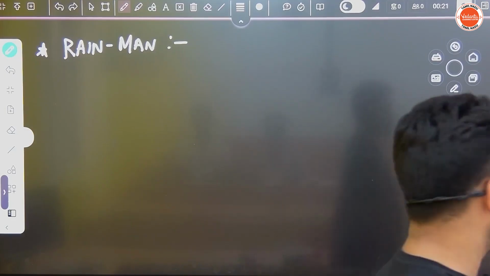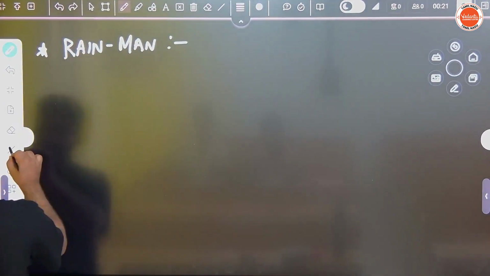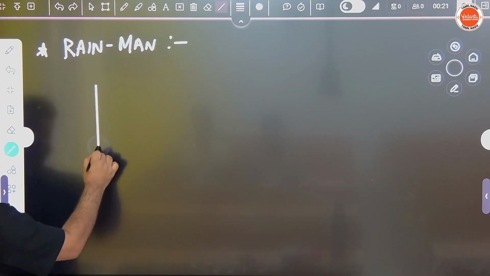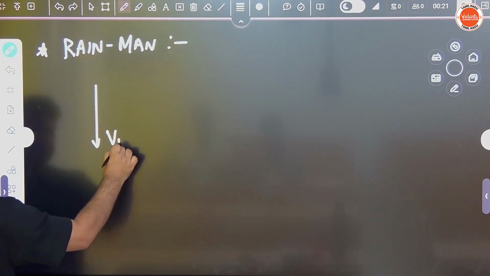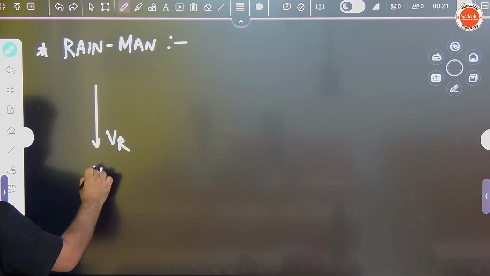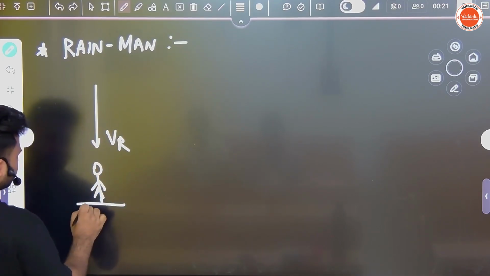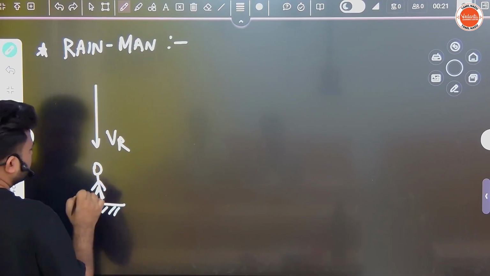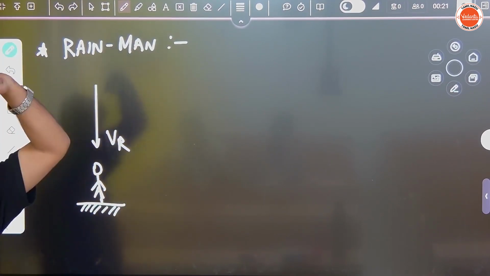Rain man. See, suppose rain is raining like this. So what do you write? This is the velocity of rain. And you are standing or sitting like this. This is the ground. So rain will hit vertically on your head.